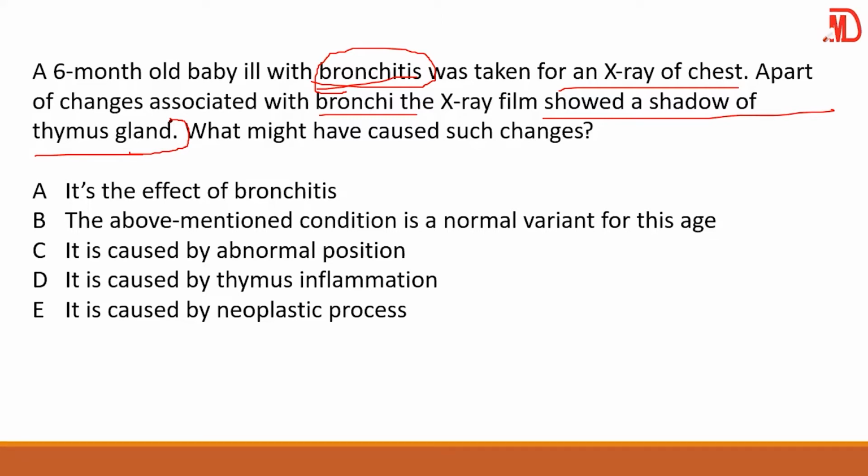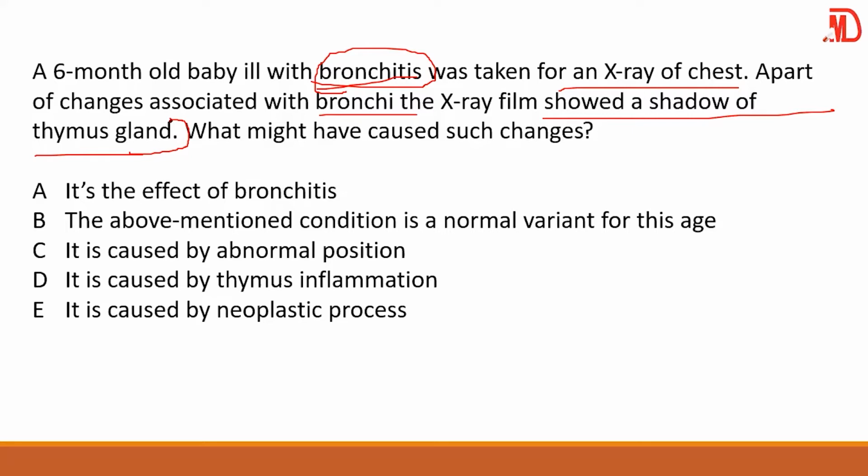So as you grow to 50 years and above, your thymus shrinks. About 90% of the thymus will turn into fat. So you must know that it will turn into fat.